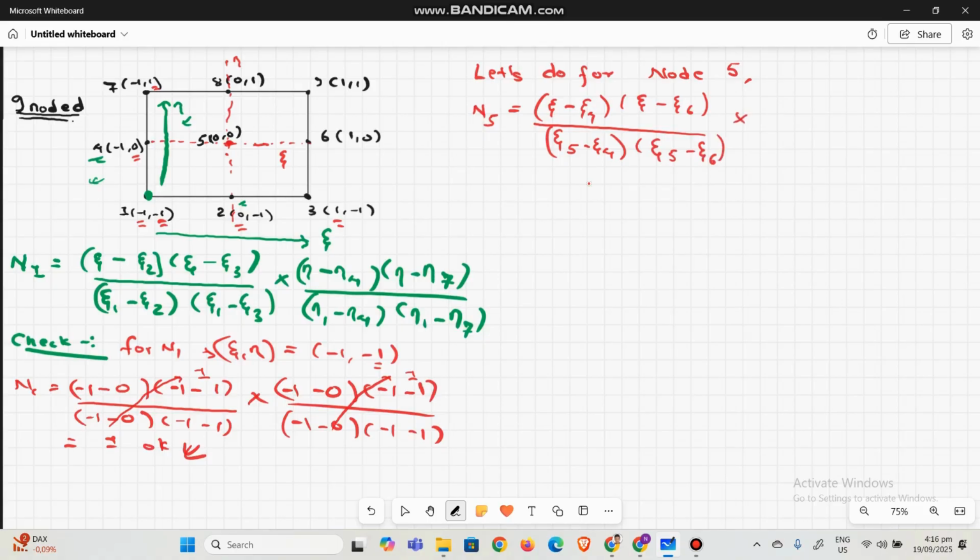Multiply by, for eta, eta minus eta 2 and eta minus eta 8 divided by eta 5 minus eta 2 and eta 5 minus eta 8.